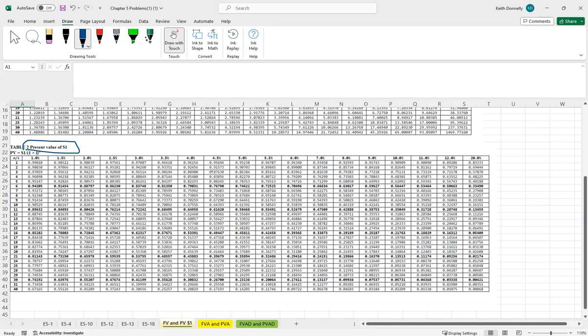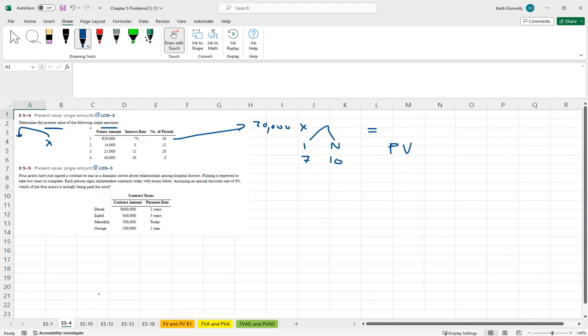So we have N equals 10, I equals 7, and we're looking at 0.50835. You run the math on that, 20,000 times 0.50835, and we're looking at $10,617.